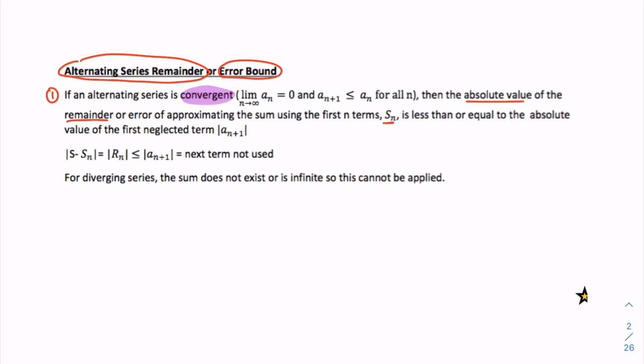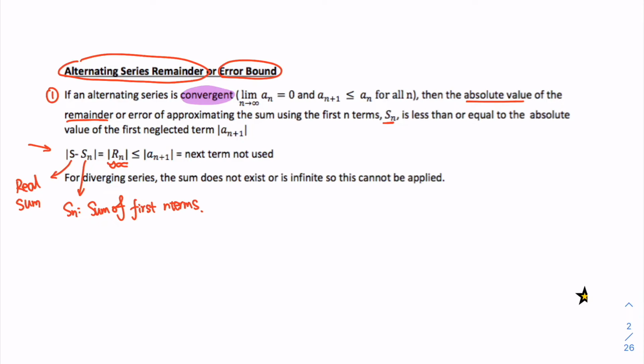Let's have a look at this equation. This S is the real sum, and this s_n is the sum of the first n terms. If we use the first n terms to approximate the real sum, the difference between these two is what we call the remainder.